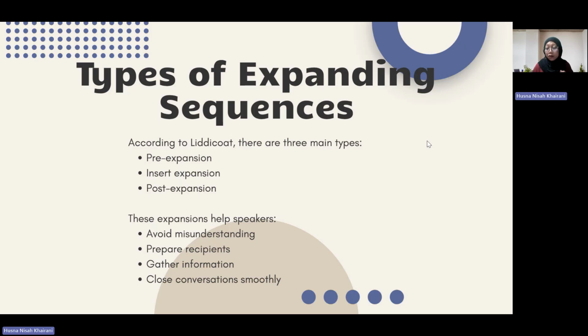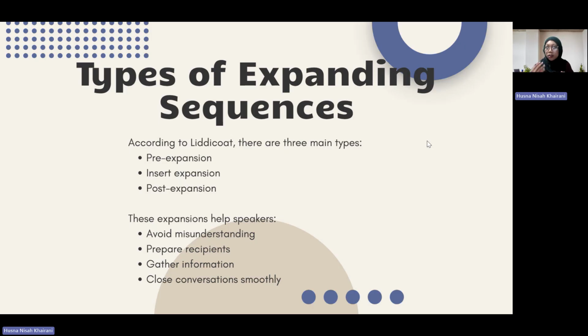And then it prepares recipients. This is only in pre-expansion. It prepares the recipients for what will come from the speakers, whether it will be a request, a demand, or information, so the recipients can get prepared. It also helps speakers to gather information, which mainly happens in pre-expansions.